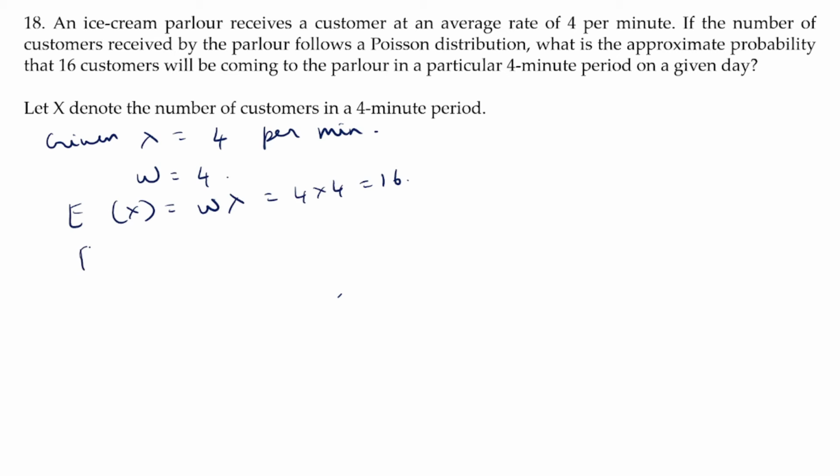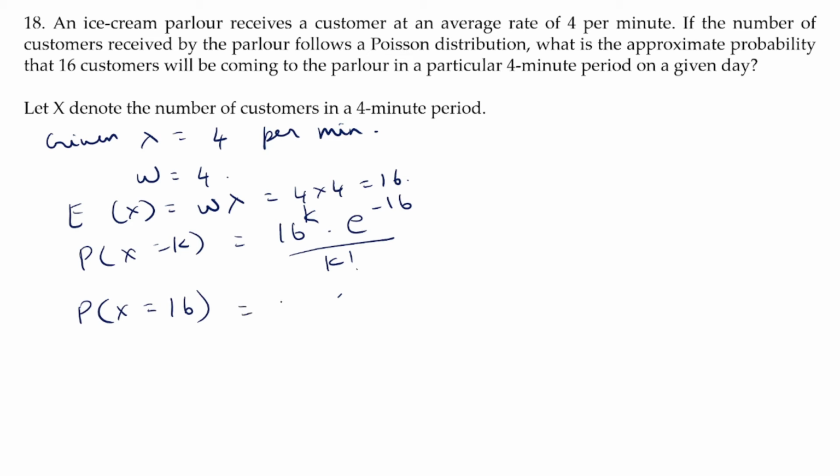Now the probability mass function, probability of X equal to K, is given by lambda raised to K, e raised to minus lambda, upon K factorial. So for our random variable X, lambda is 16. Now we need to find the probability that 16 customers will be coming to the parlor, so we need to find probability of X equal to 16.